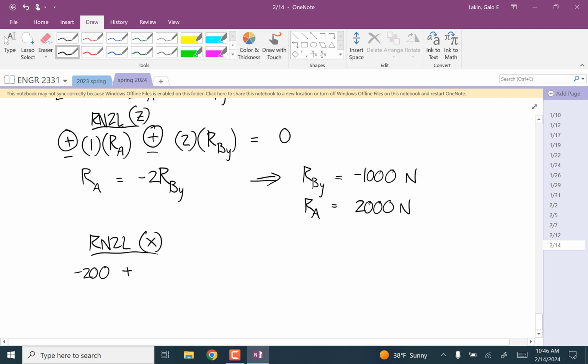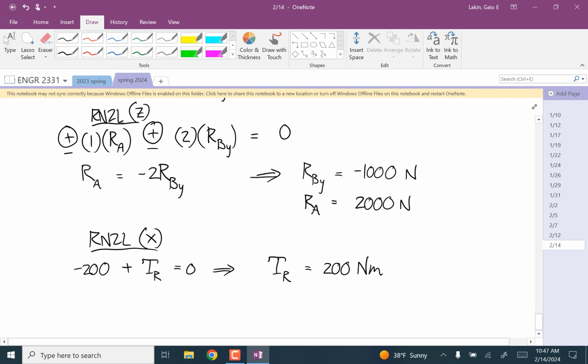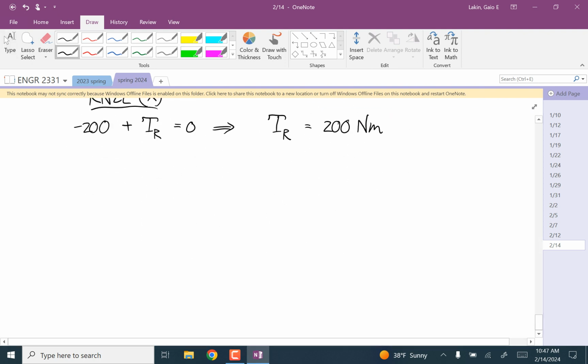So negative 200 plus TR is equal to 0. And so TR is equal to positive 200 Newton meters.